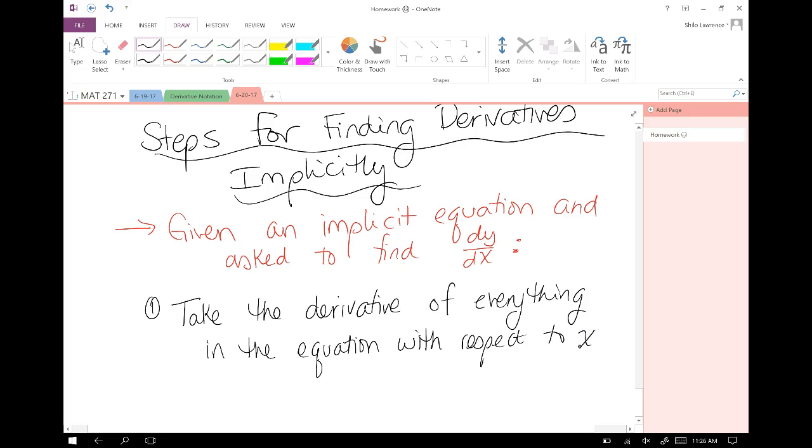Make sure that you're using your product rules and your quotient rules and your chain rules. If you have any x's multiplied together, or any x's and y's multiplied together, that's product rule, because y is a function of x. So make sure you're using your special rules as well.